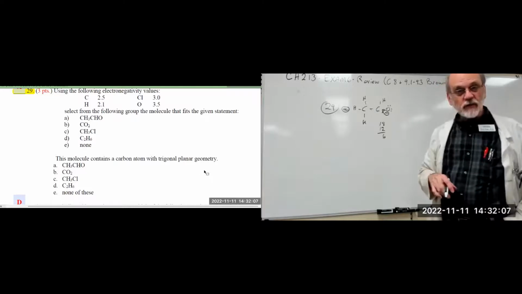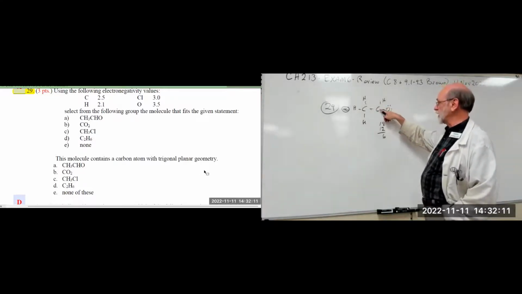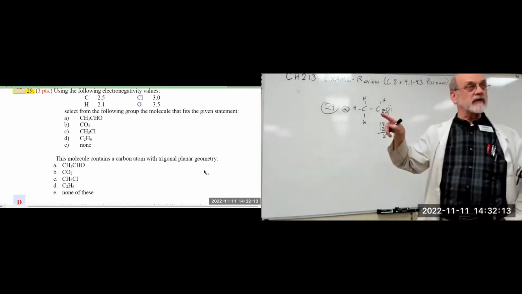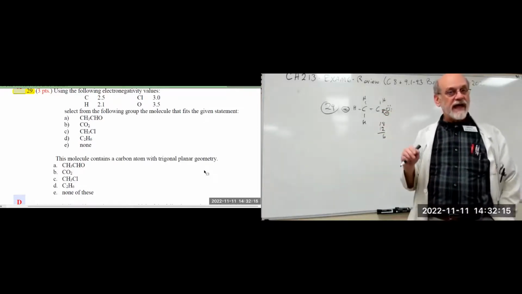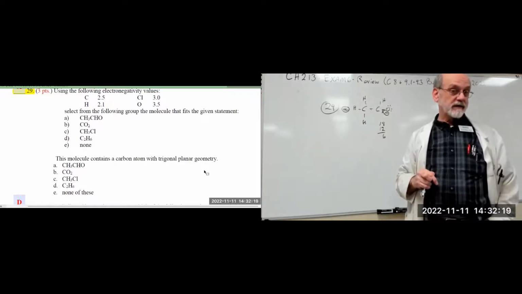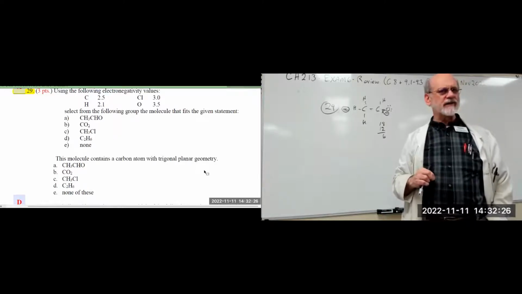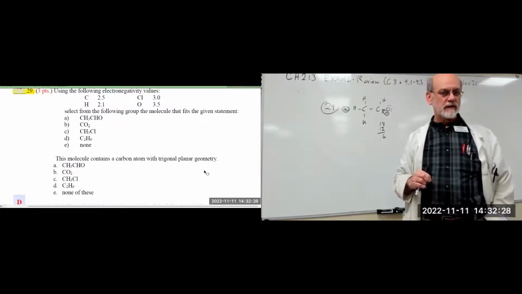So which one has trigonal planar symmetry? Well, look, you've got 1, 2, 3 groups around that carbon. 3 is trigonal planar. So A is a good answer. And since E says none, then we found our answer. We know carbon dioxide is linear. We've done that one before.